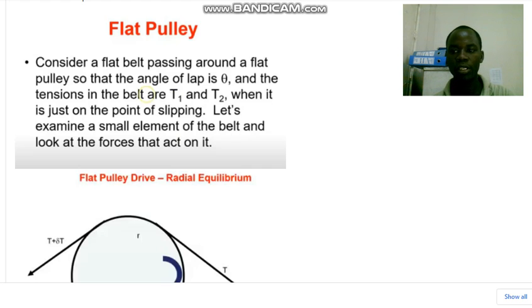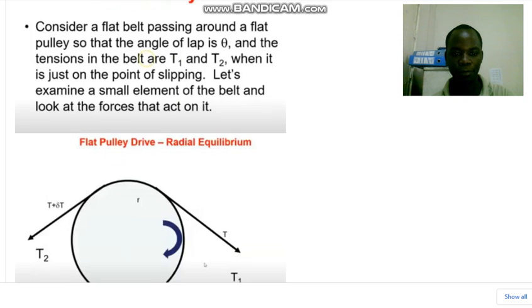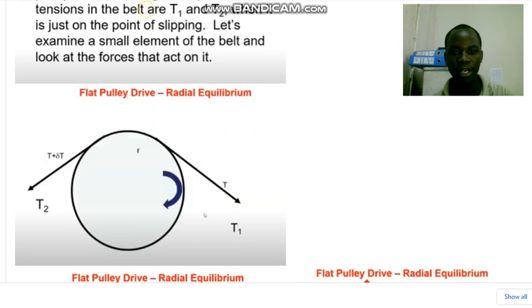So here we consider an infinitely small region of the belt and look at the forces that act on it. The flat pulley drive radial equilibrium is as shown in this figure, where T1 is the tension at the slack end and T2 is the tension at the tighter end.